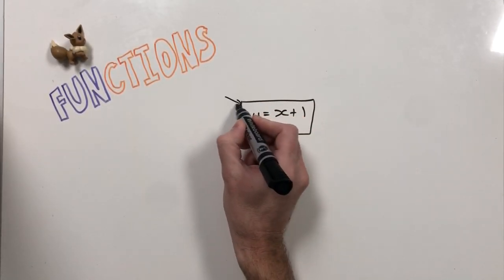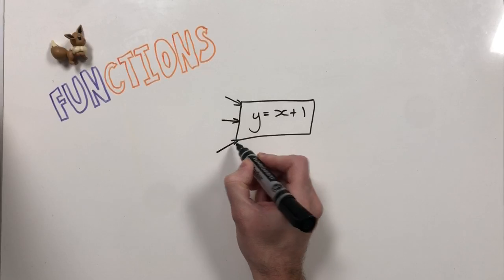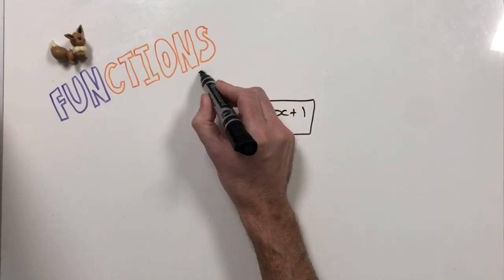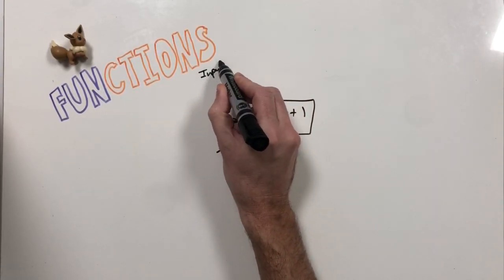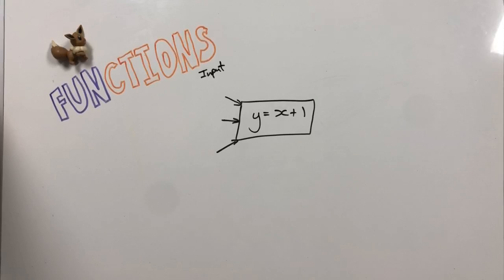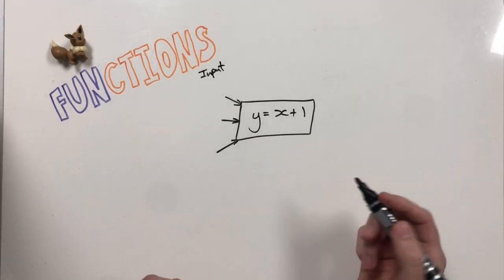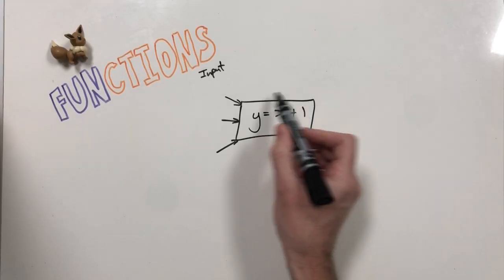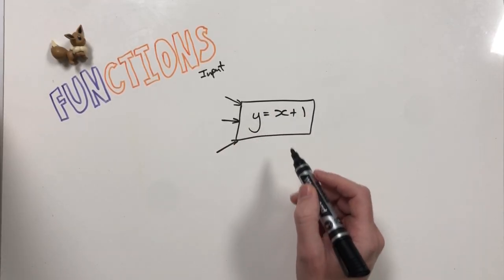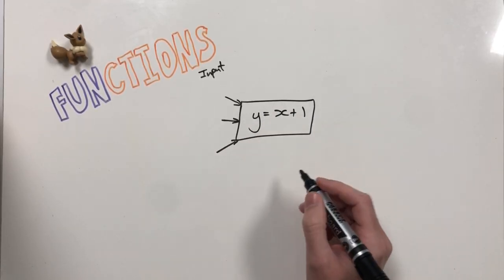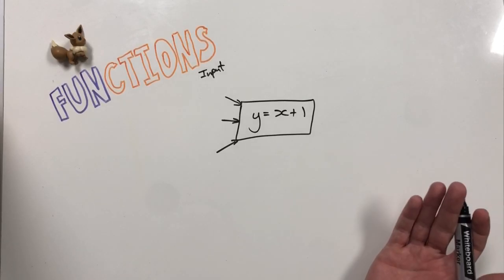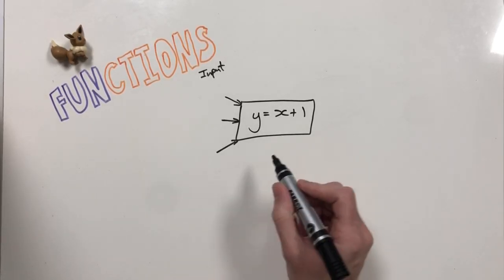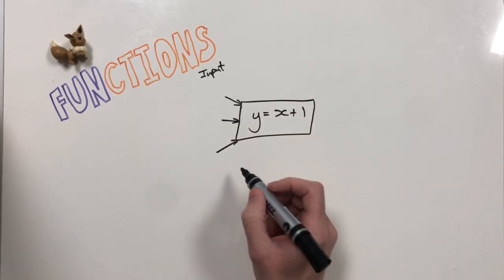We're going to give some input values, and this is where the substitution comes in. I can choose my input. The question would be, draw this function, y is equal to x plus 1. There are a couple of ways of doing this. We're going to start off really simple with a spider diagram.